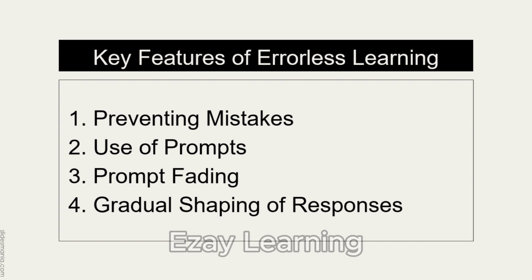So, if you are using errorless learning, you will give prompts continuously. You will try to prevent as many mistakes as possible, so the learner would be able to gain and experience success from the very start. It would be errorless learning because you are giving prompts, providing extreme guidance, extreme cues, and this way there are no mistakes or very few mistakes, and the procedure would be known as errorless learning.